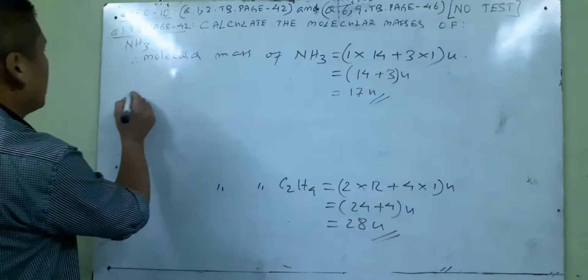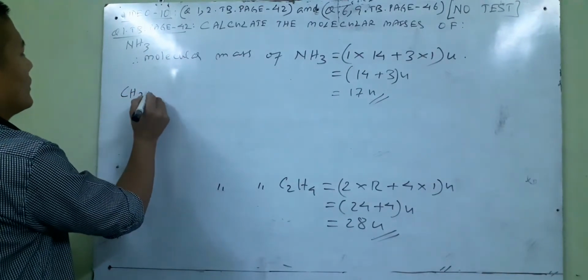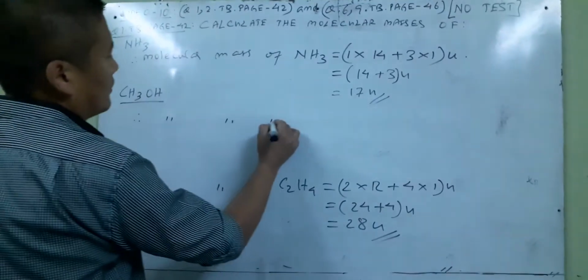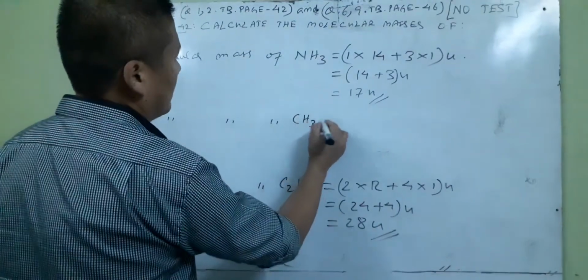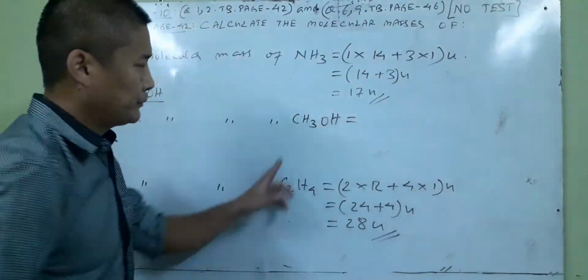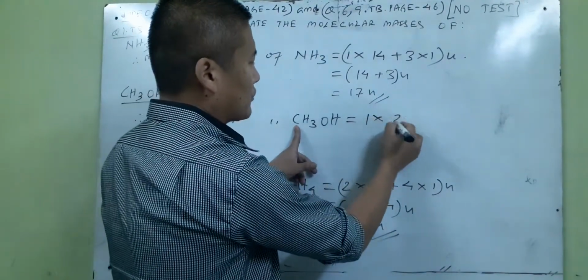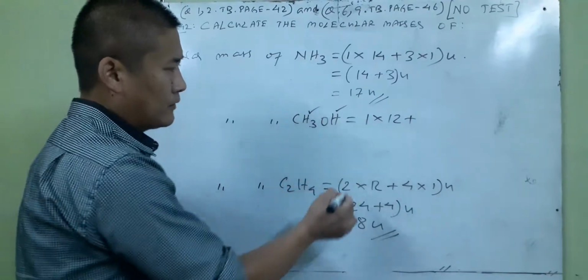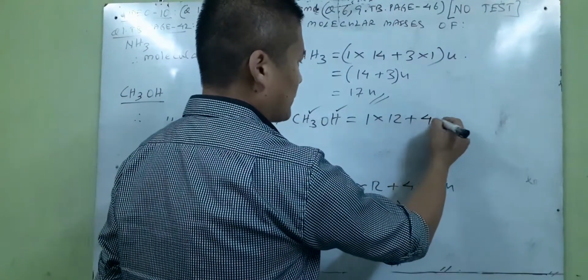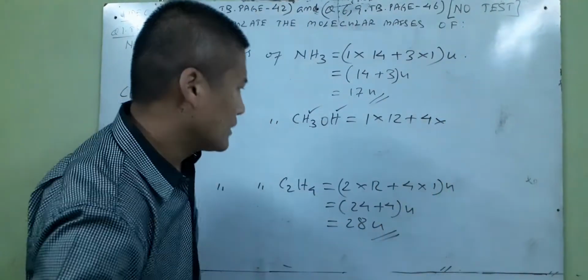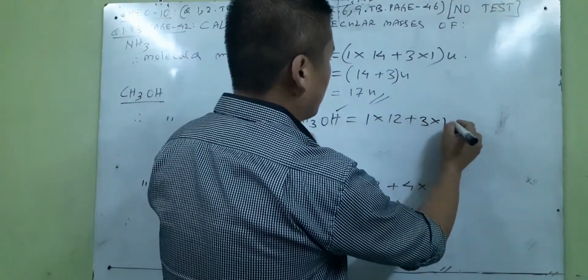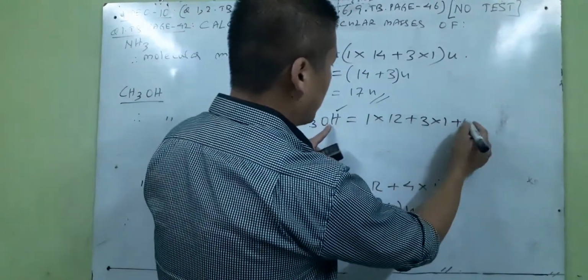Then next molecule, CH3OH. So you write here CH3OH. So you write your molecular mass of CH3OH is equal to, here 1 carbon, so 1 into 12, plus hydrogen, 3 plus 1, 4. You can just put it here if you want, or you can just do it like this also, it's okay. Just 3 here, so 3, 1 hydrogen 1, plus the new atom O, so no number means 1.